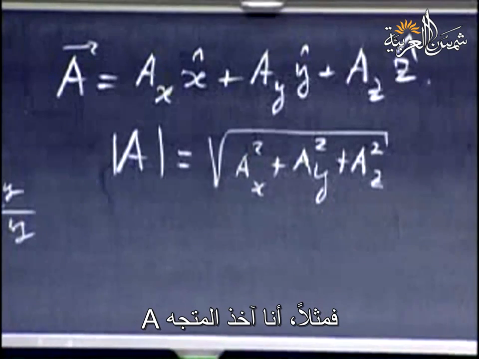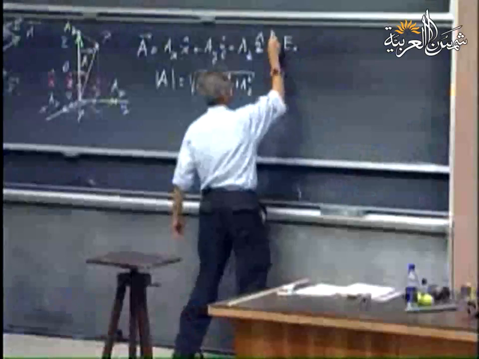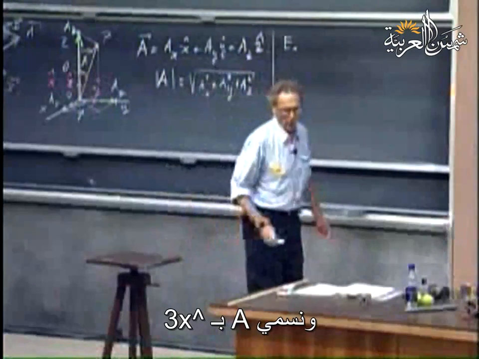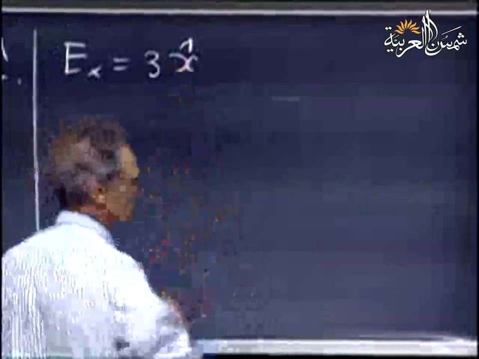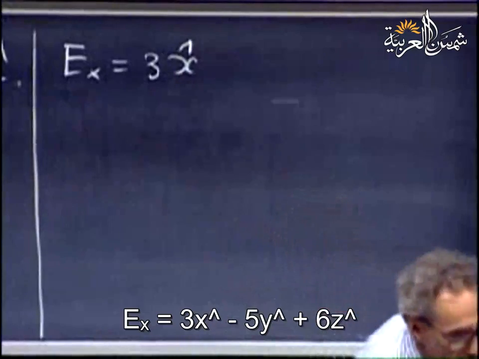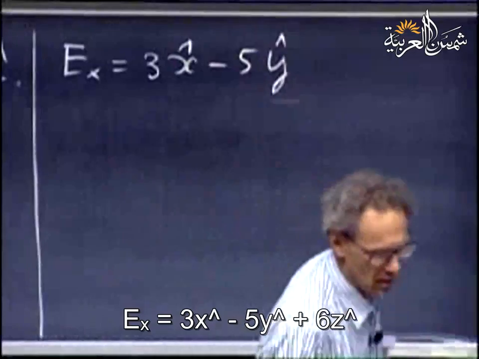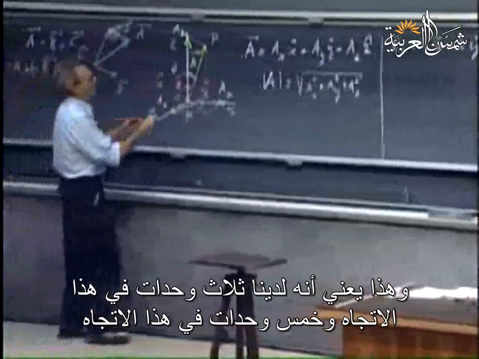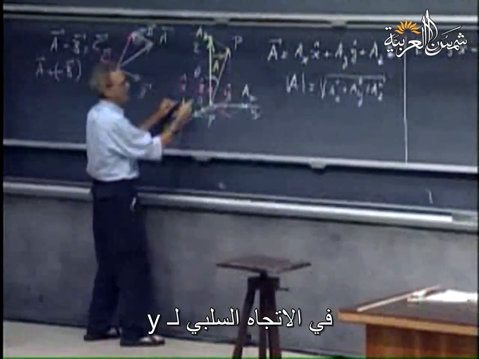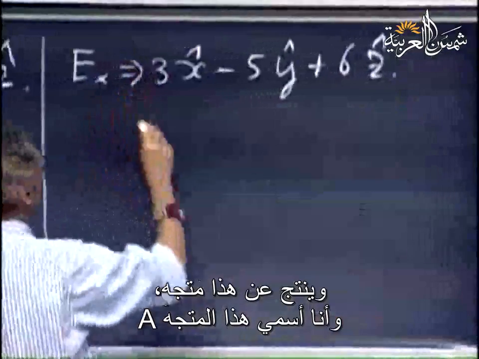For instance, I take a vector A, but this is just an example to see this in action, and we call A 3x roof minus 5y roof plus 6z roof. So that means that it's 3 units in this direction, it is 5 units in the minus y direction, and 6 in the plus z direction. That makes up a vector, and I call that vector A.